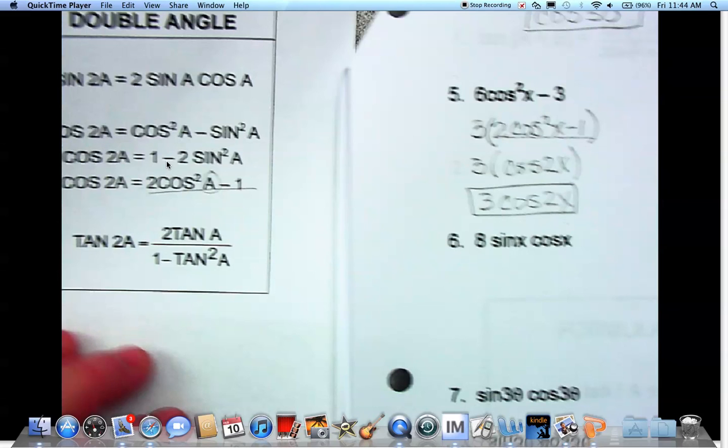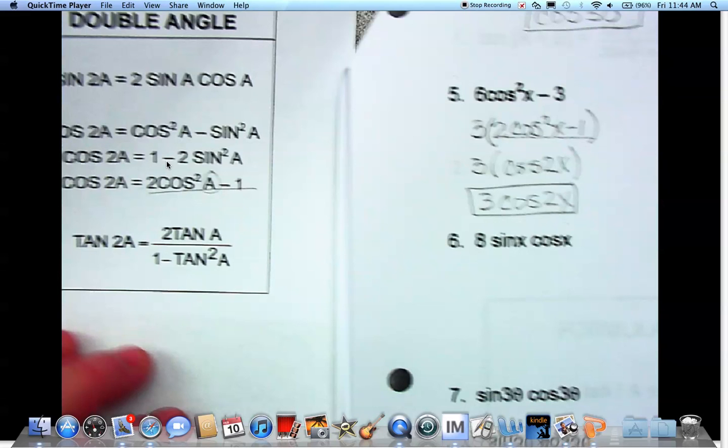So we just have 2 sine squared x over 2 sine x cosine x. We can cancel the twos, and you cancel out a sine x down here, and you have a sine x left up here. Sine x over cosine x, which is tangent x.